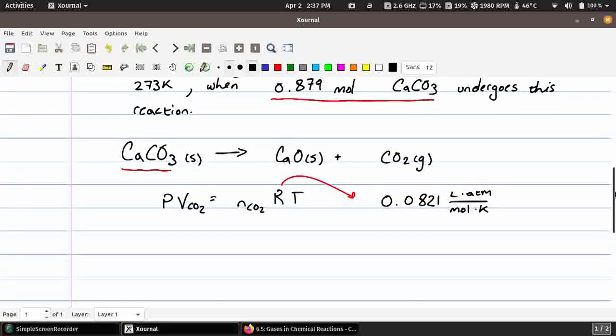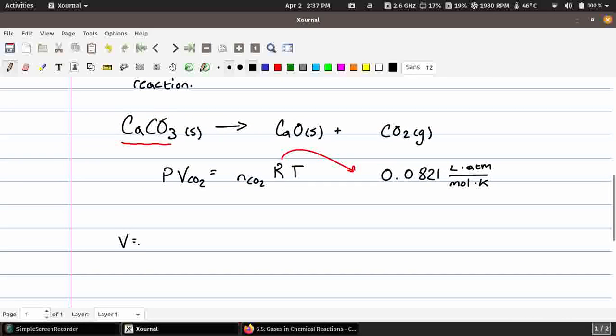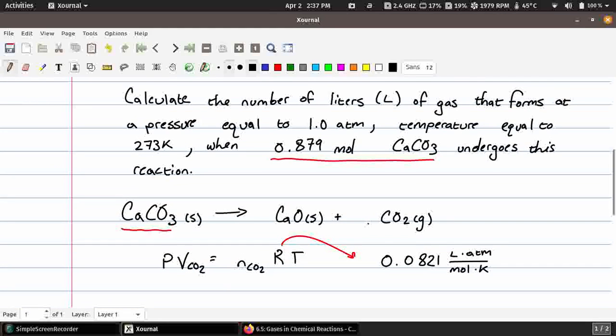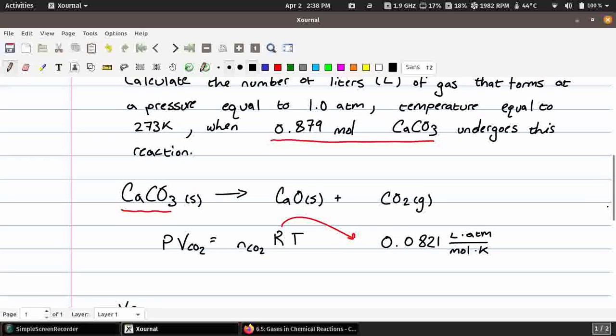So the volume of gas, you're usually going to have to do a stoichiometric analysis of the problem, but if you look here, you don't really have to do that because it's 1, 1, and 1.